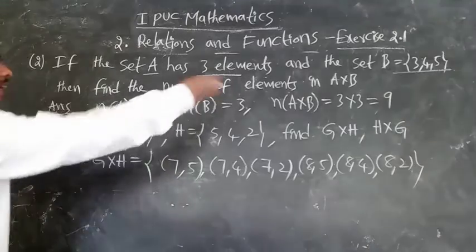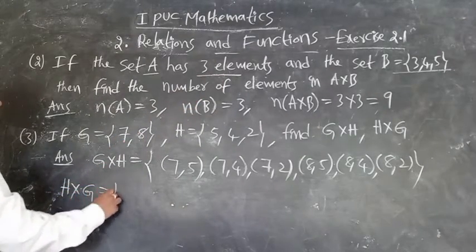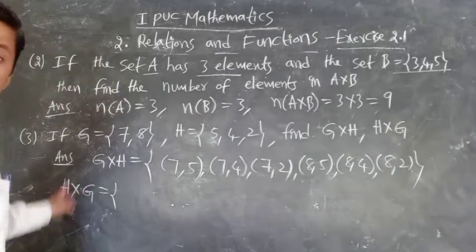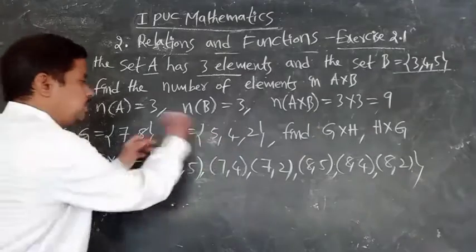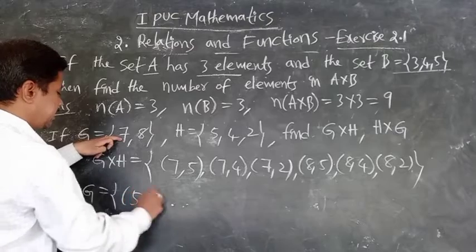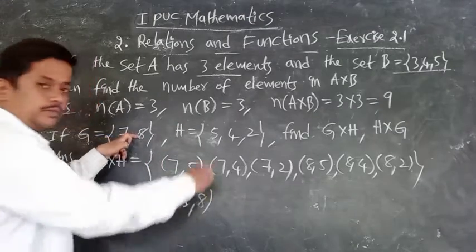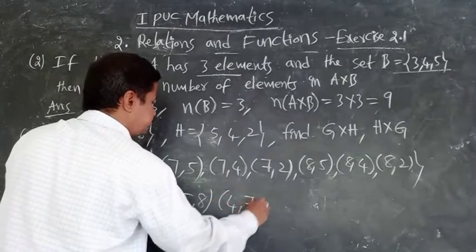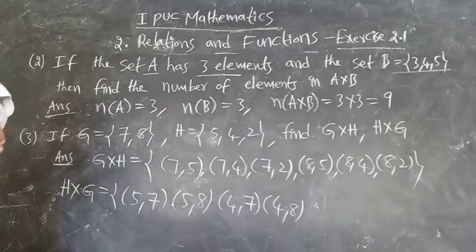Next, H cross G. First you have to consider which is the first set here: H. First H. So 5, 7; 5, 8. Next 4: 4, 7; 4, 8.